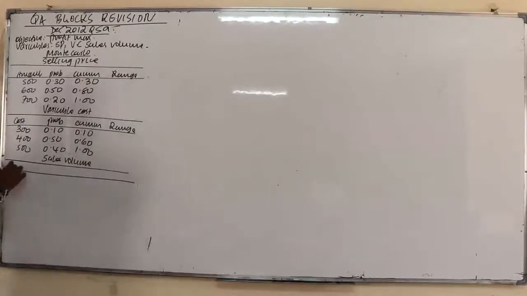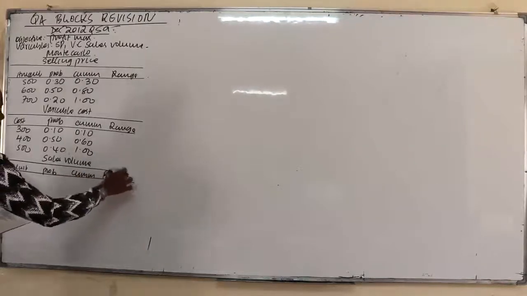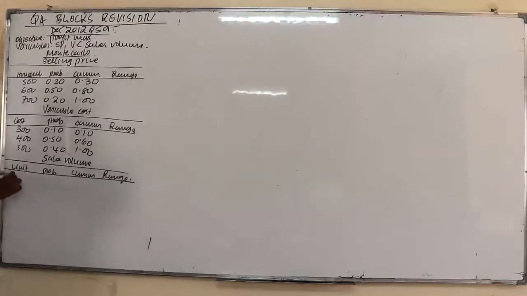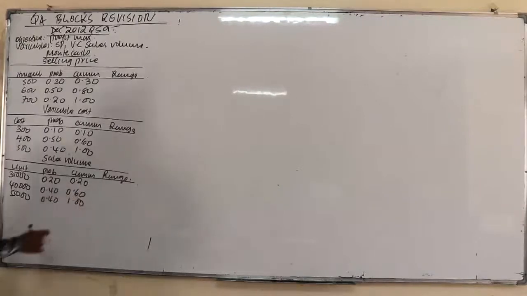For the sales volume, we have the number of units, probability, accumulate, and then you range. So we have 5,000, 40,000, and 55,000, with probabilities of 0.20, 0.40, and 0.40. Then you accumulate 0.20, 0.60, 1.00.